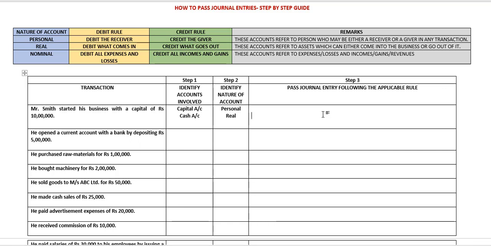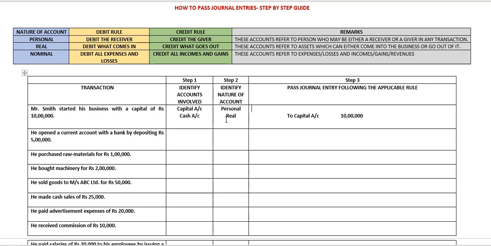So we'll write it like this: to capital account. Let's put the amount given in the transaction. Generally by convention we write debits first and credit later on, but since we are going by the account which we have encountered first, we are going by that rule.